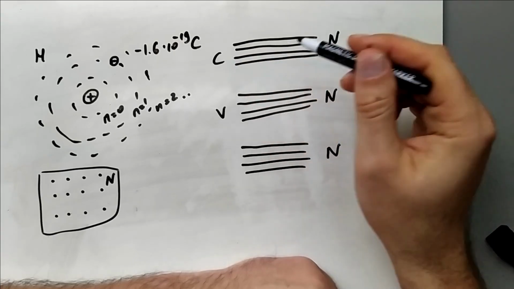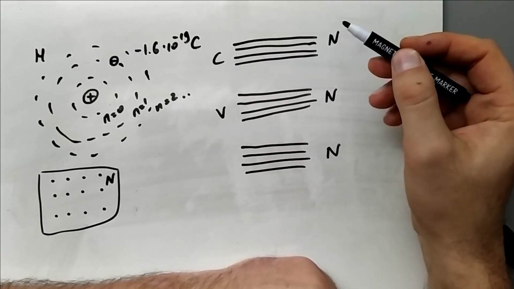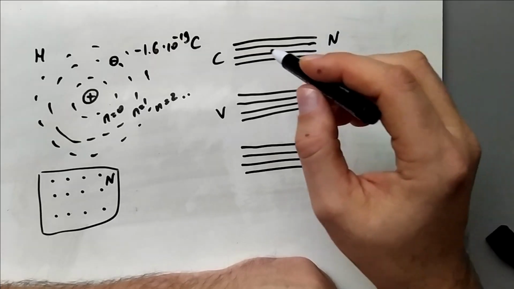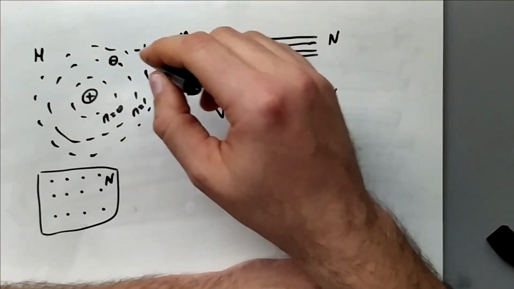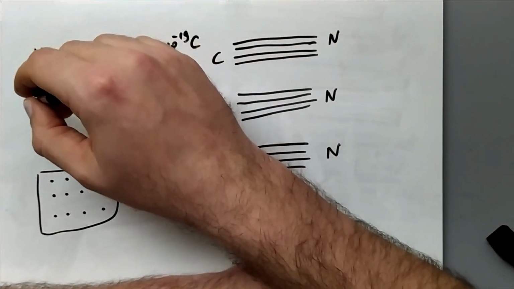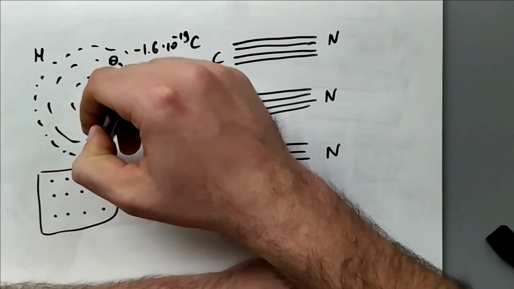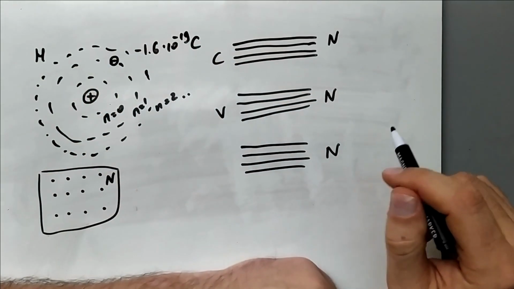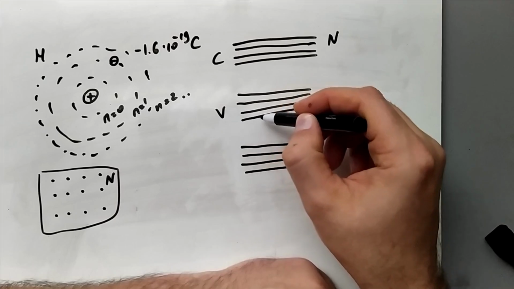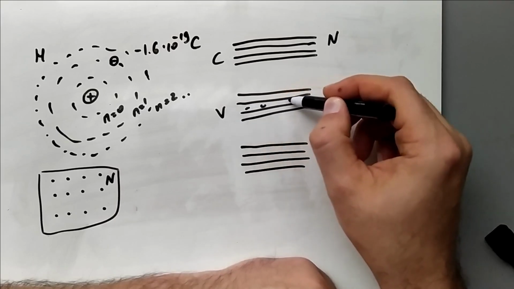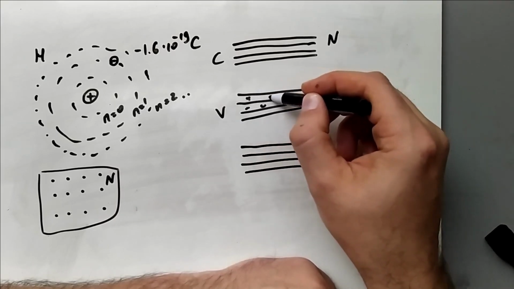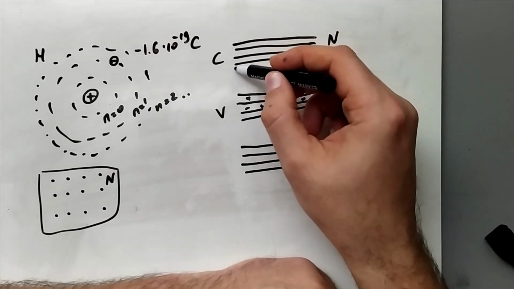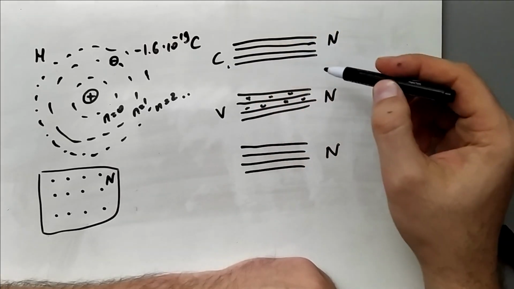The conduction band is formed by higher energy levels which are not occupied under normal conditions. So we have a valence band filled with electrons and an empty conduction band.